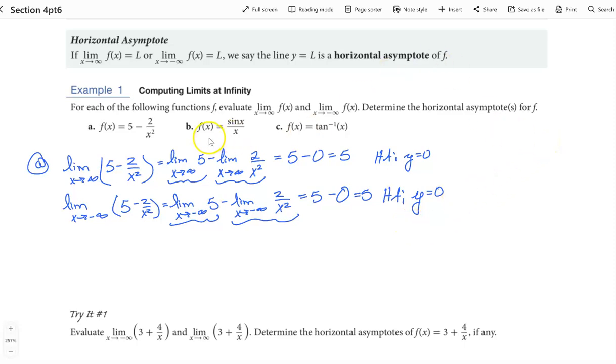So let's look at that next one. We want to know what happens as we approach infinity and negative infinity for sine of x over x. So this is part B. We're going to take the limit as x approaches infinity and negative infinity of sine of x over x.